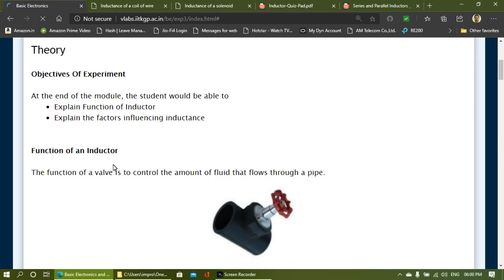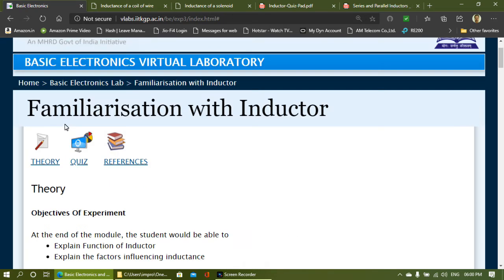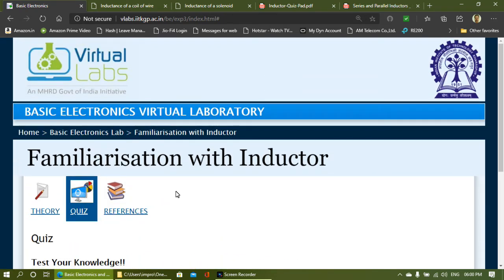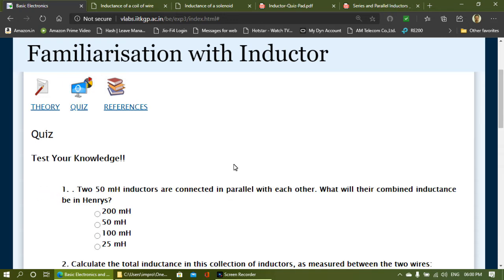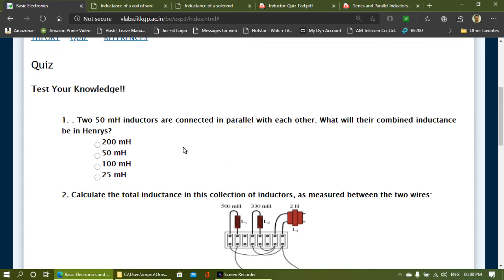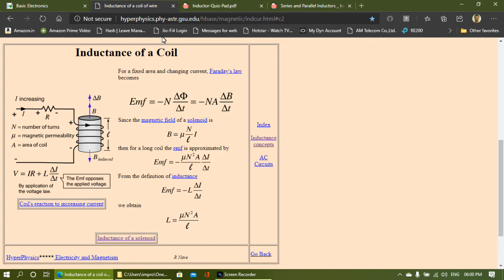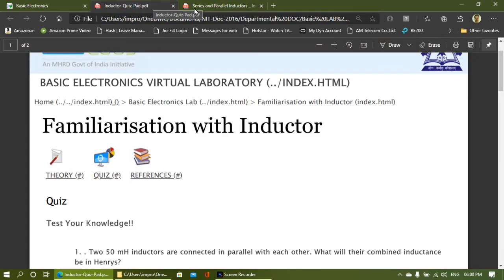First refresh it. If you have already put in any answer, first refresh it, then start. Okay, for side by side calculation, I have also made a quiz pad for you where I can mark with my pen.